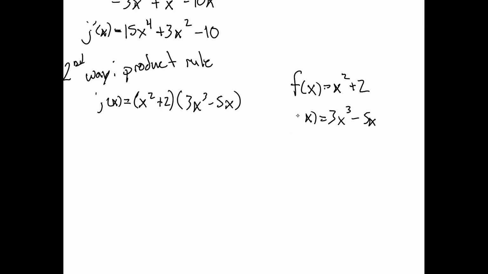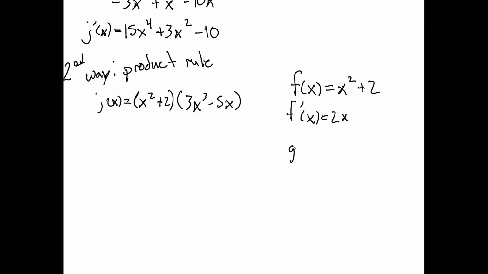Now I'm going to actually erase this because there's something else I want to do. I know I'm going to need this function, but I'm also going to need its derivative for this. So the derivative of x squared is 2x, and then plus 2, that's it. So there's our derivative.